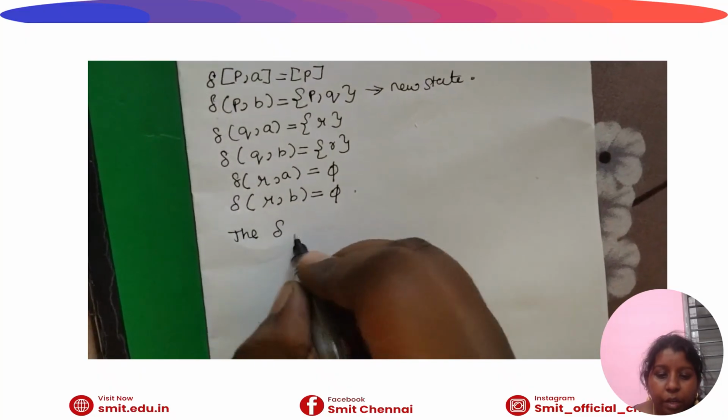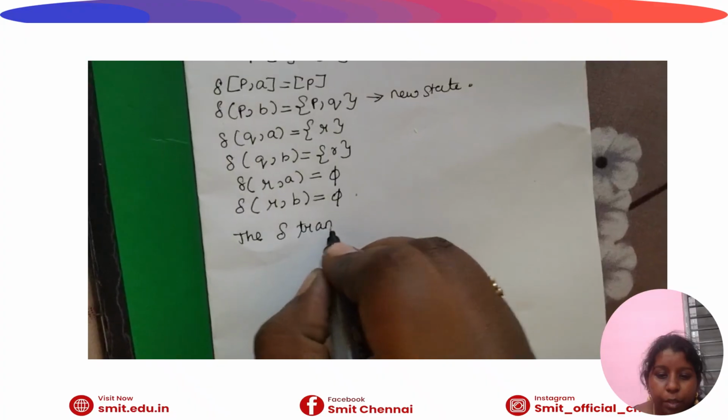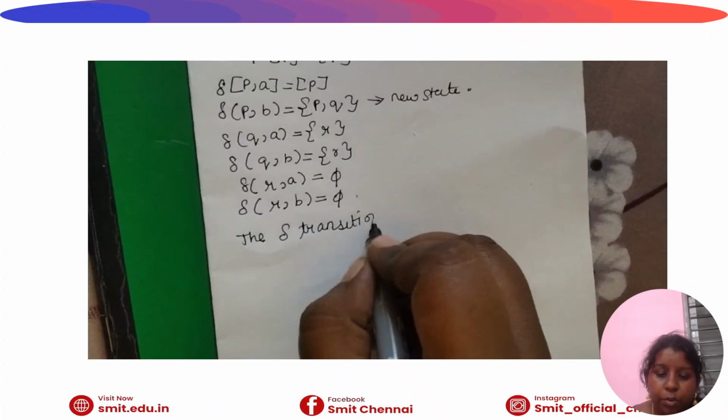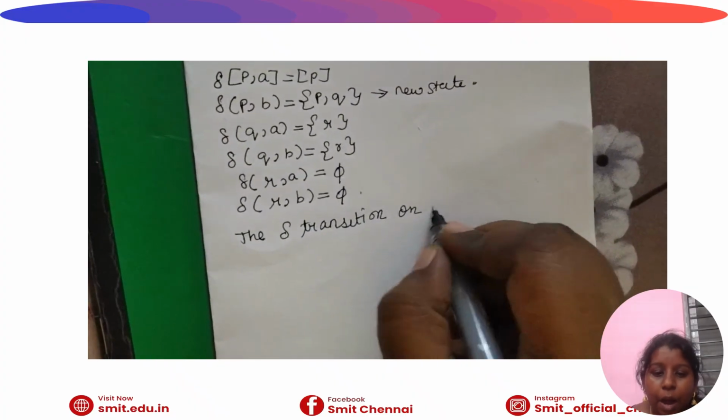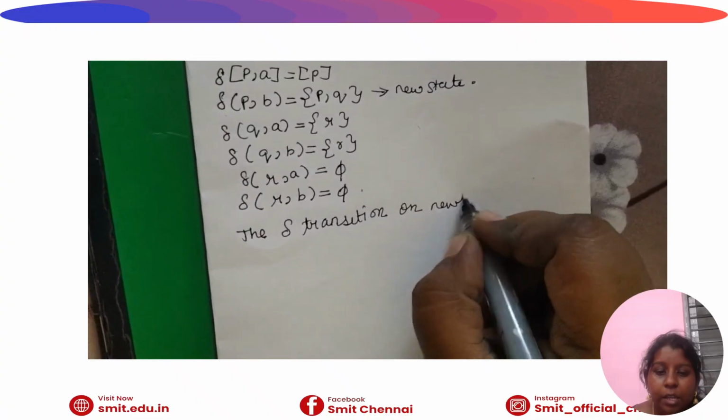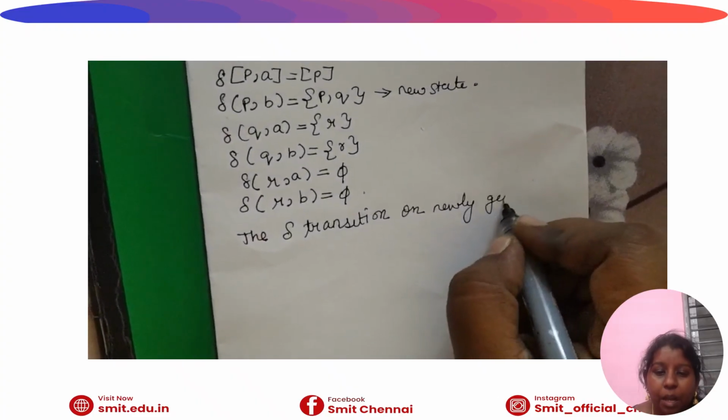Here we need to do the transition for the new state which is generated in the above transitions. Here our new state is P, Q.